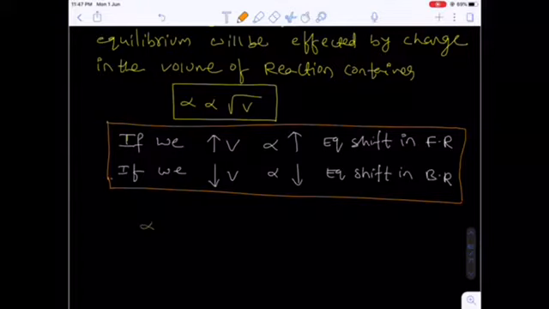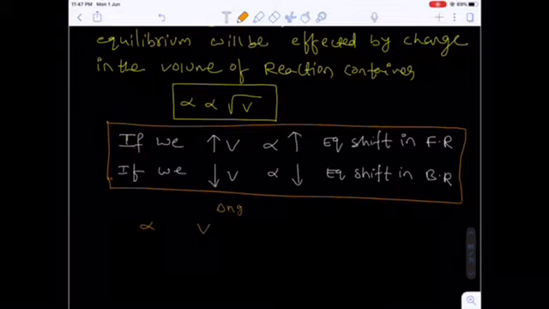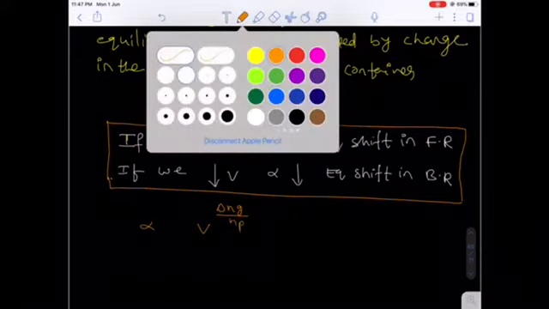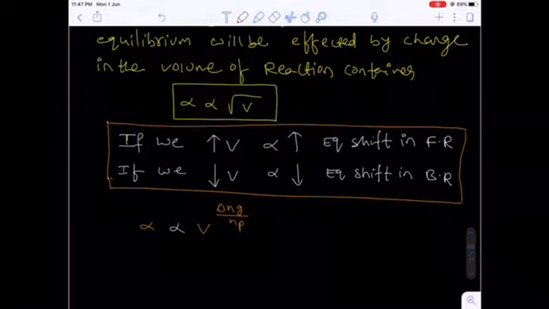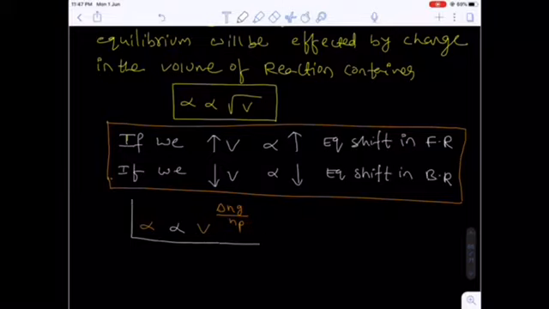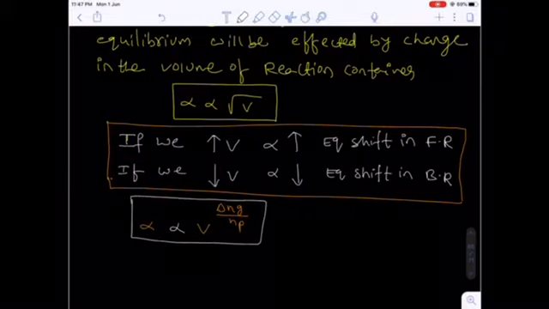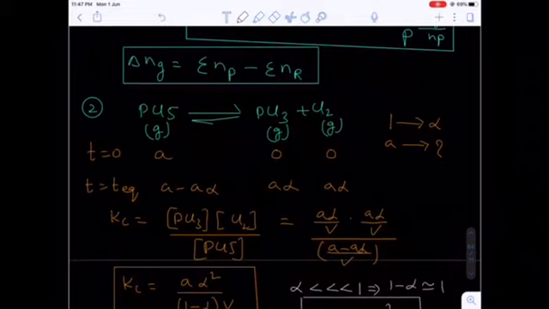Alpha is directly proportional to V to the power delta Ng by Np. Yes or no? If you remember this relation, it is well and good. We can directly relate the degree of dissociation versus volume of the container.